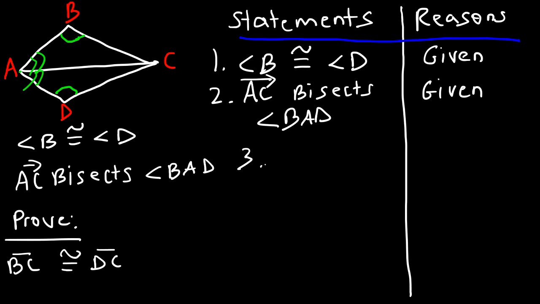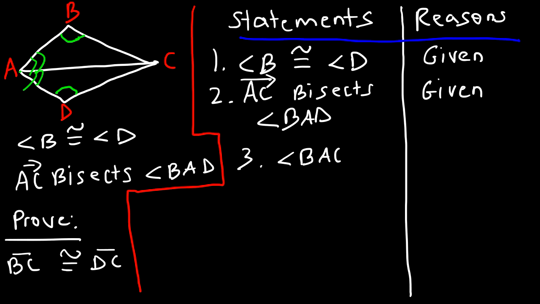But in number 3, let's put a line to separate the given from the actual problem. So in step 3, we could say that angle BAC is congruent to angle DAC.